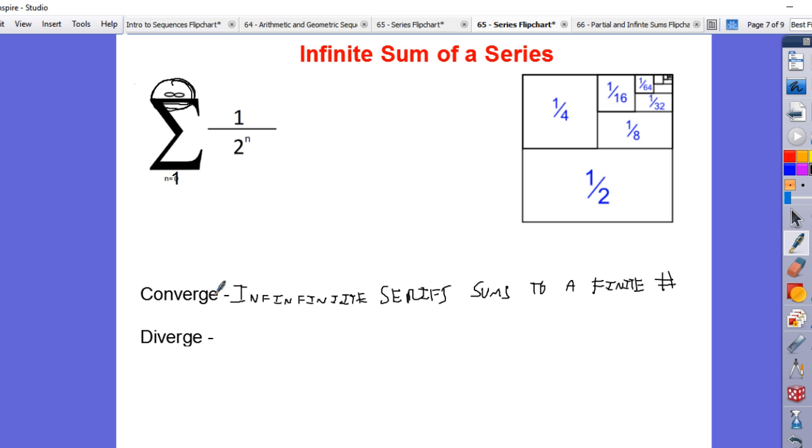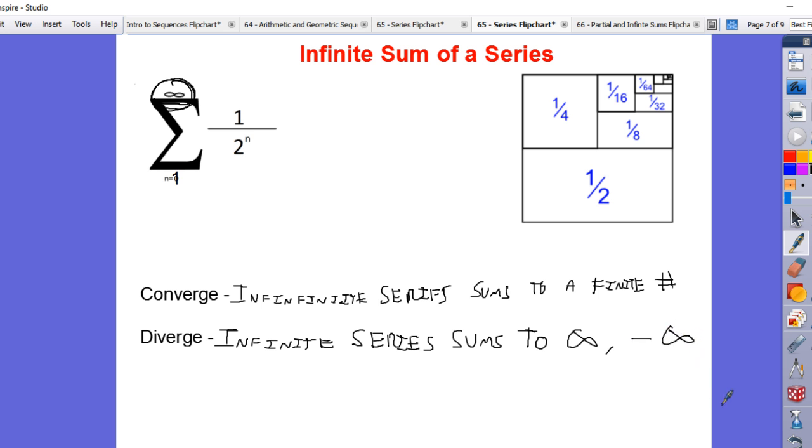If it diverges, an infinite series sums to either infinity or negative infinity.